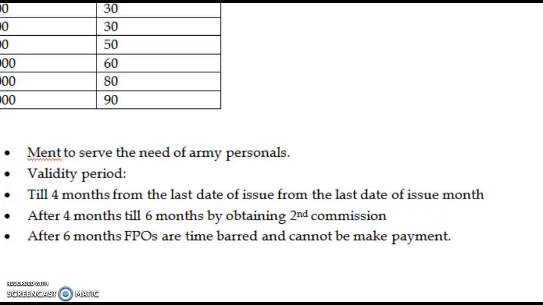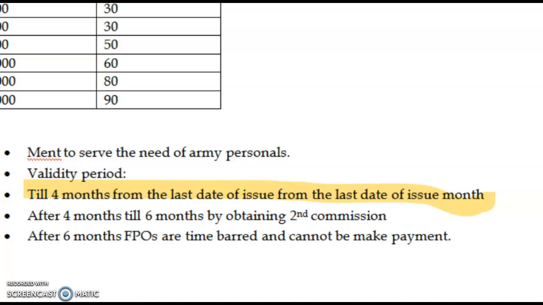But in a field postal order, without second commission, the payment can be made only till 4 months from the last date of the issue month.